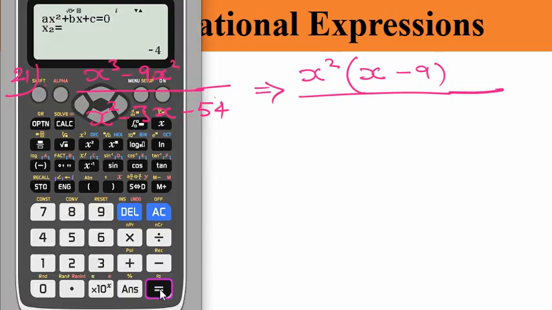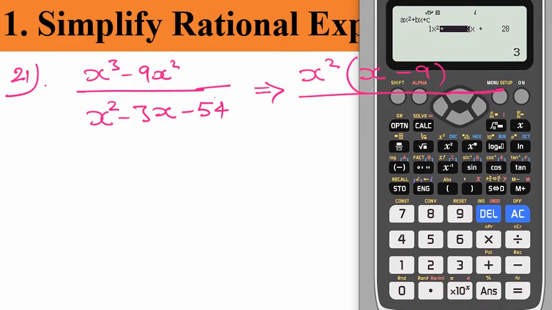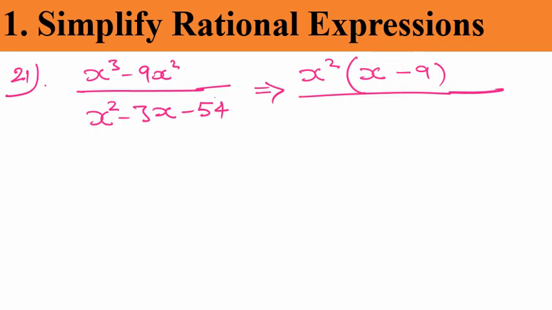So let's move on to the calculator. Dear calculator, a is 1, b is, okay, b is 3 or minus 3? Okay, minus 3. b is minus 3, and c is minus 54, negative 54 you call it. X1 is 9 and x2 is minus 6 or negative 6.